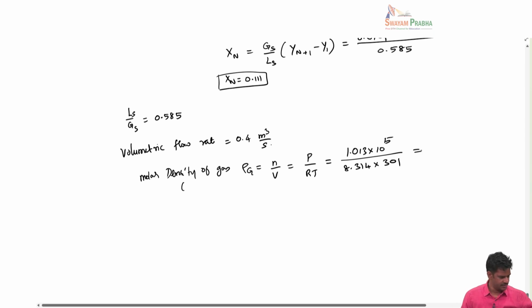If you solve this, you will get something like 40.5 moles per meter cube. This is the density of the gas.